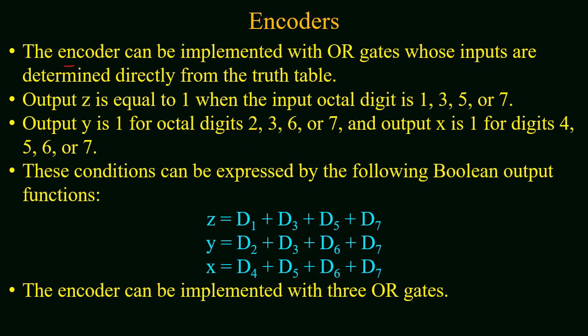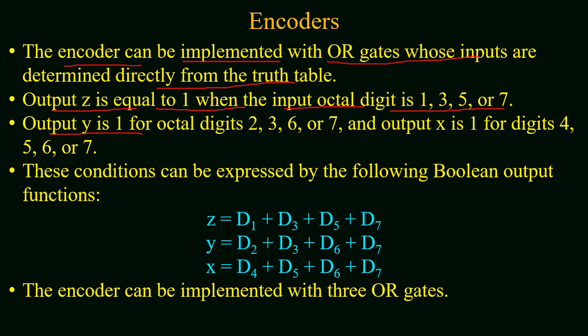Now the encoder is implemented with OR gates whose inputs are determined directly from the truth table. Like the output variable Z is equal to 1 when the input octal digit is 1, 3, 5 or 7. Or we can say that whenever the octal input is odd, the binary variable Z will have a value of 1.